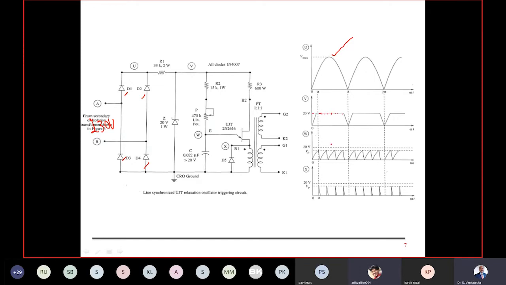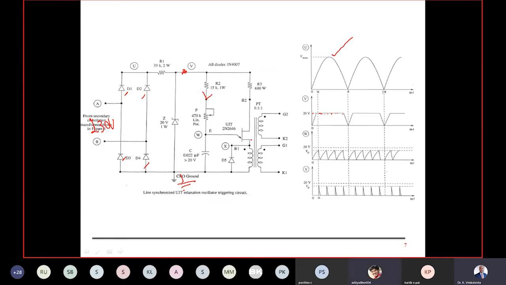Correct, you are right. The potential from V to ground is 20 volts now because the Zener is broken down at exactly 20 volts. It maintains the 20 volts forever. V to ground, correct. Then what will happen?